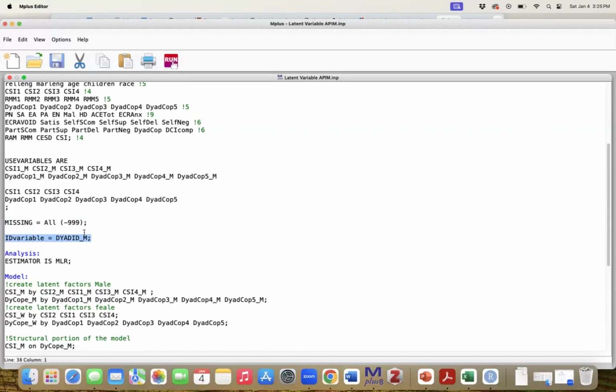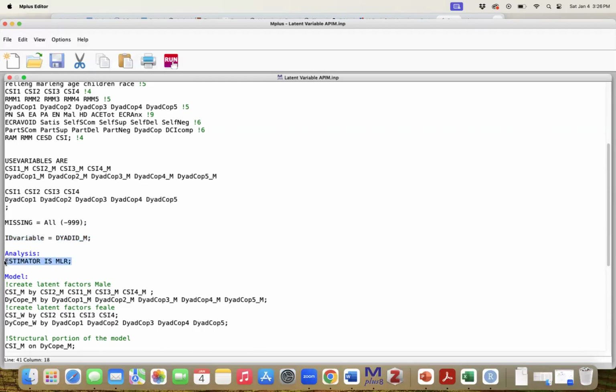I always have an ID variable because it allows us to look at plots. But I am on a Mac, and unfortunately Mplus does not allow for data visualization if you are using a Mac. If you do have a Windows computer, then this will be more relevant, where you can look at outliers and things like that.